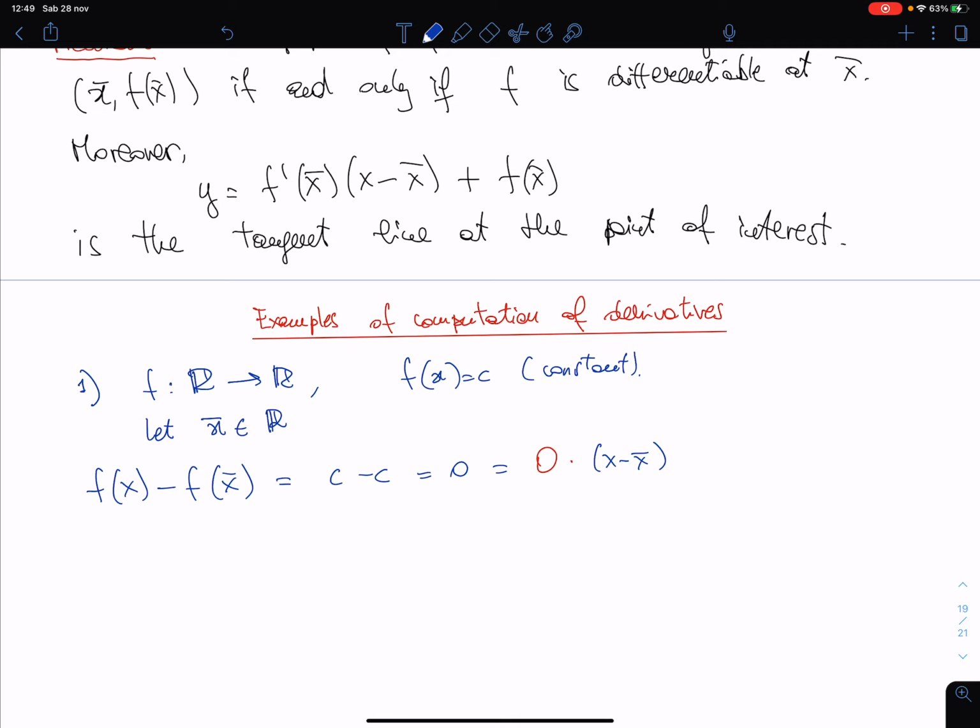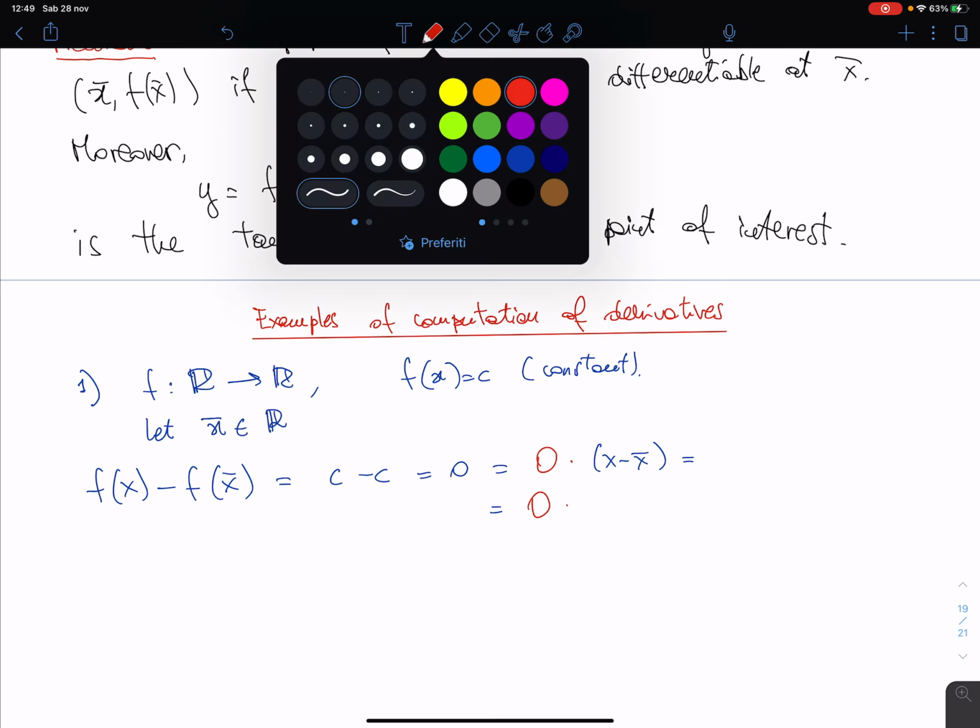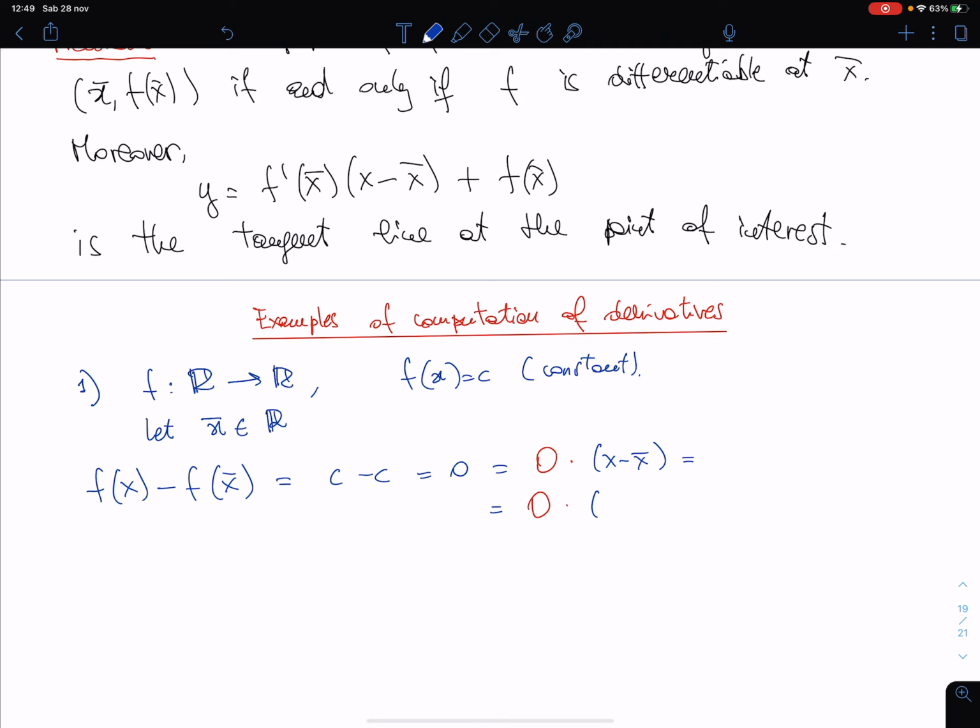What remains is 0, so we can again write here 0 times x minus x bar plus little o of x minus x bar for x going to x bar. Of course, this is a sort of stupid way of thinking, but just to give you the first elementary example, here we have 0. 0 is little o of everything.